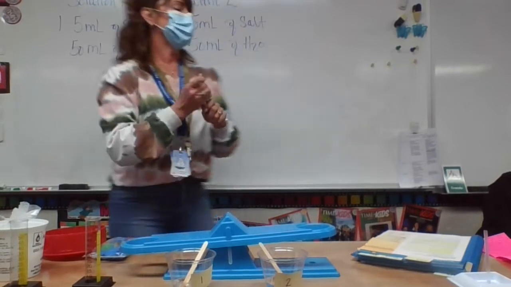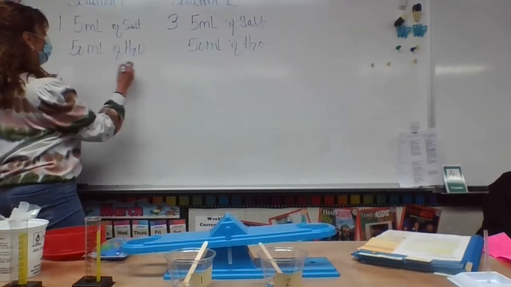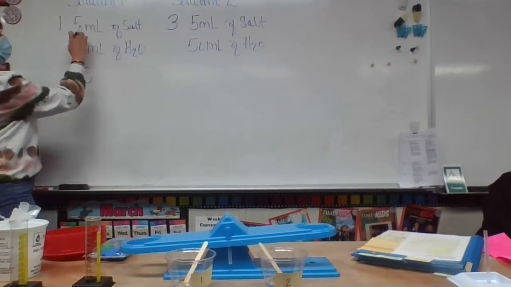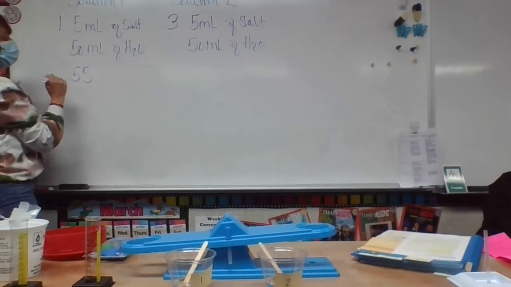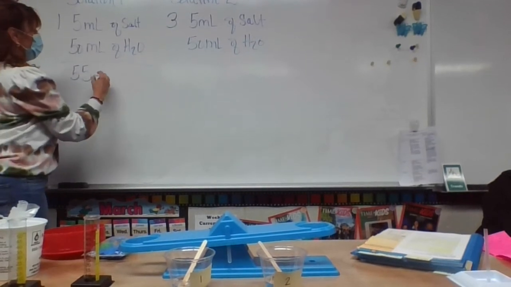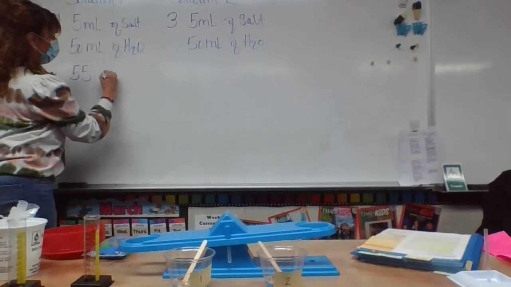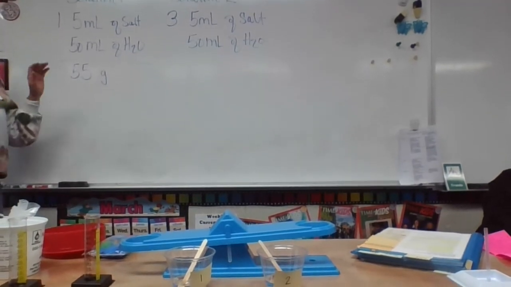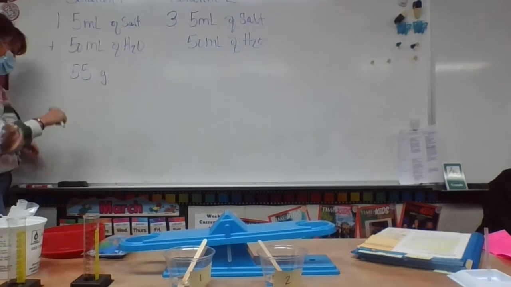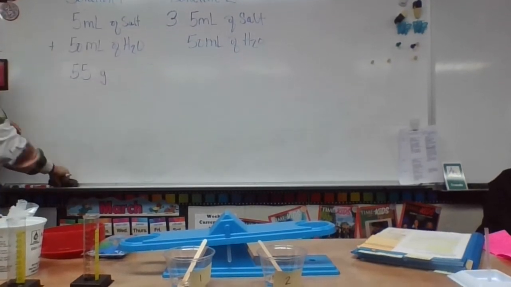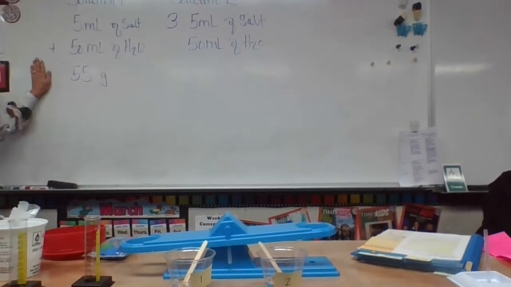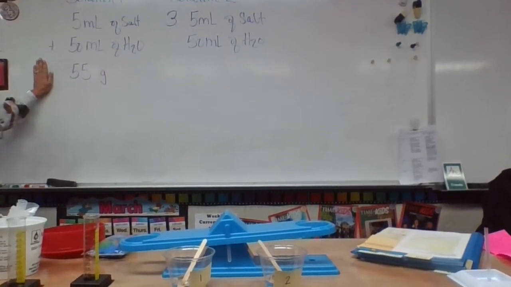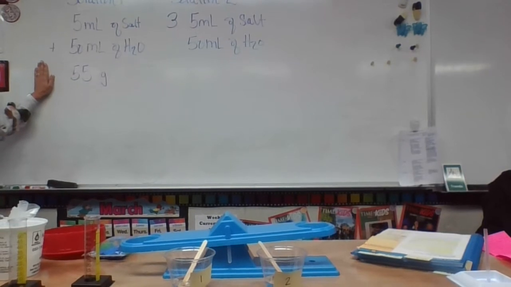Now, remember what we did before. If you added the 5 milliliters of salt and the 50 milliliters of water, what do you think it could weigh? If we put these together, what do you think, Dexter? Well, due to our previous experiments, we learned that a milliliter usually equals a gram.